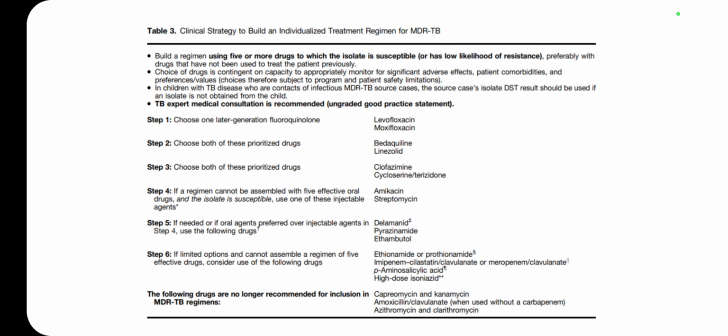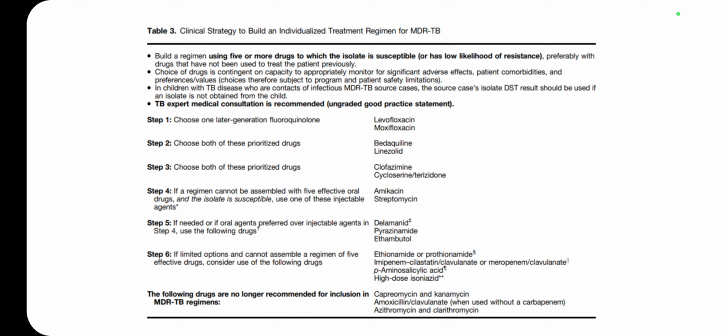So the tuberculosis expert medical consultation is recommending the following steps. Step 1. Choose one later generation fluoroquinolone such as levofloxacin and moxifloxacin. Step 2.